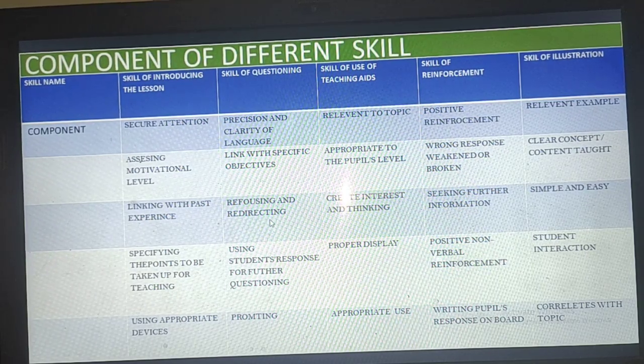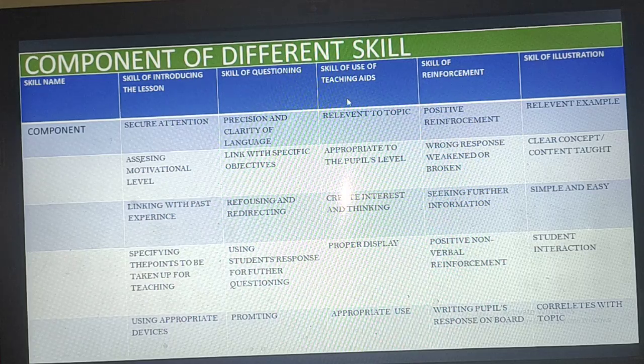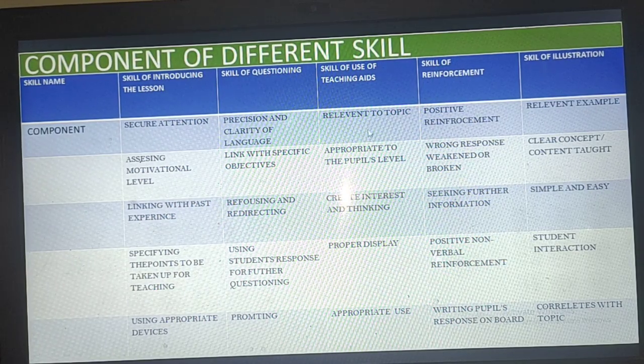refocusing and redirecting, using student response for further questioning, and prompting. Skill of use of teaching aids: relevant to topic, appropriate to the pupil's level, create interest and thinking, proper display and appropriate use.